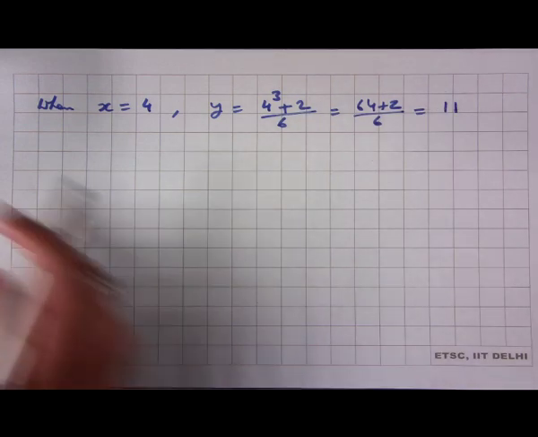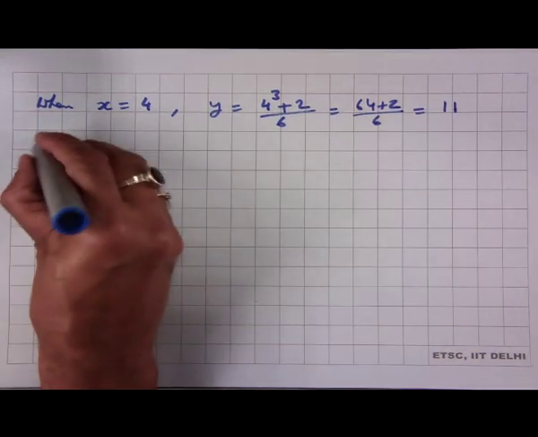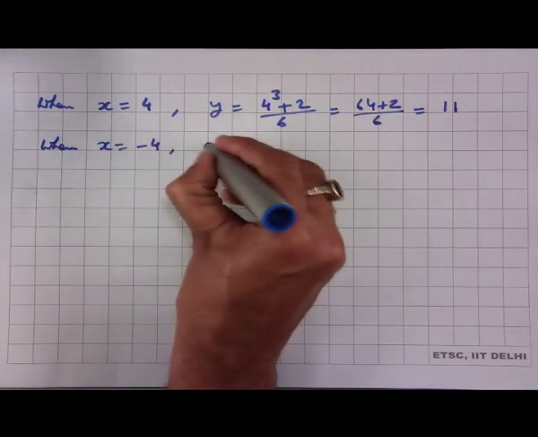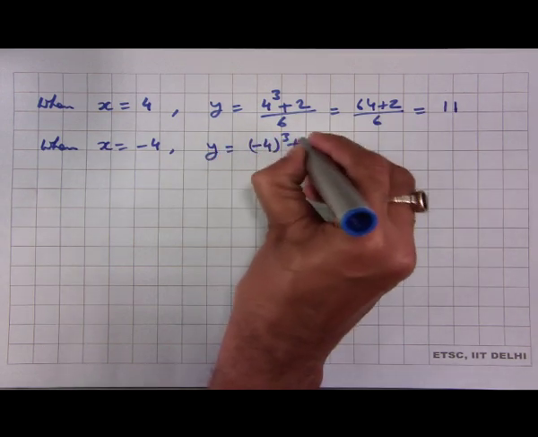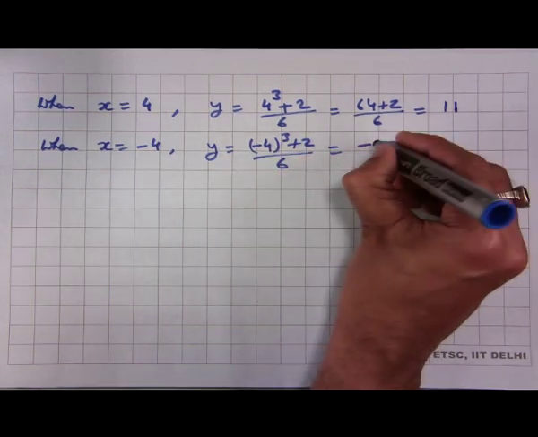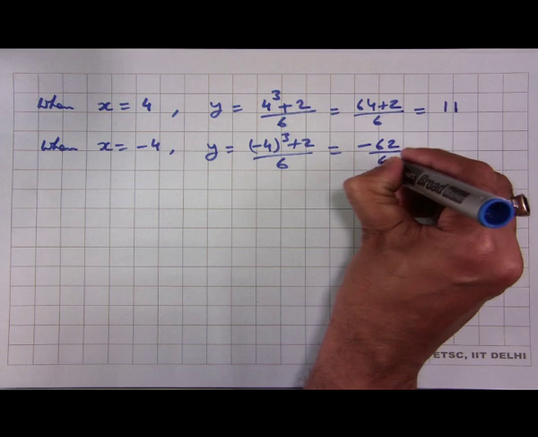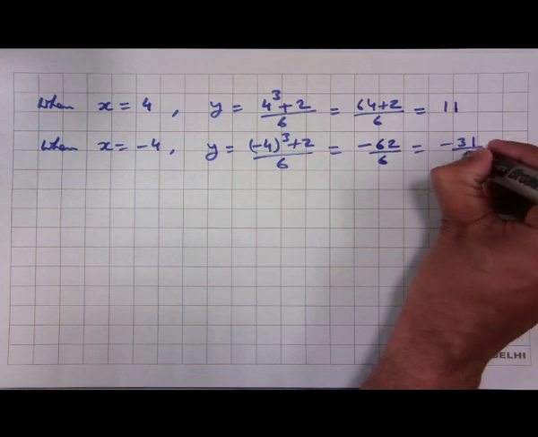So, y is 11, and when x is equal to minus 4, then y will be (minus 4 cubed plus 2) divided by 6, this is equal to minus 62 by 6 or minus 31 divided by 3.